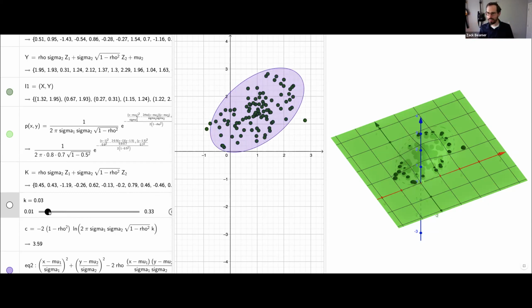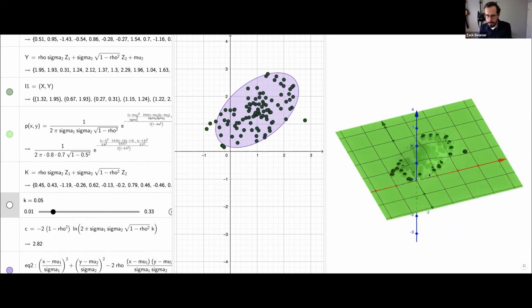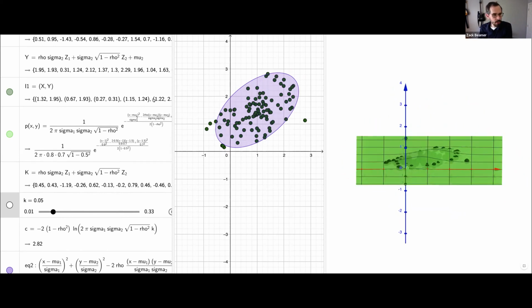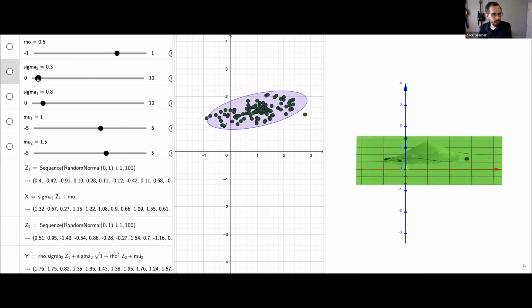I won't get too technical in terms of what K means in this context, but the idea is that if you want a lot of data to fall in here, then you make this value of K rather small. And here, let me adjust my values of sigma just a touch to make it look a little bit more apparent.